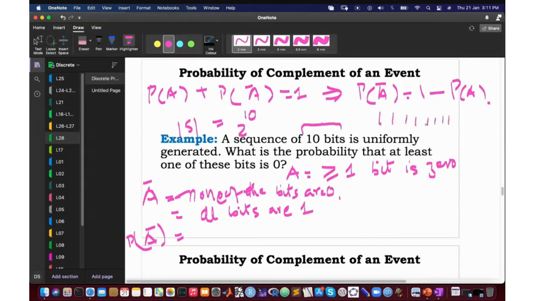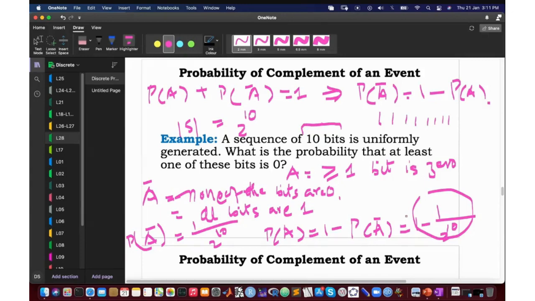So this probability is just 1 over 2 to the power 10. And so the probability of A is going to be 1 minus the probability of A complement, which is 1 minus 1 over 2 to the power 10.